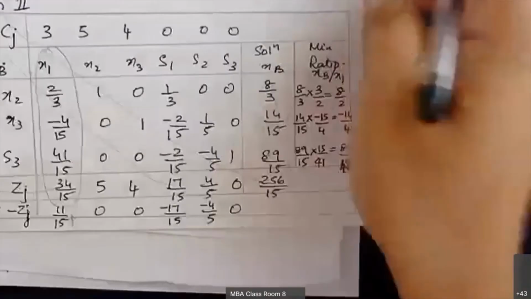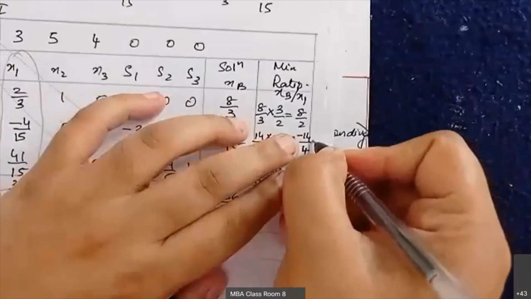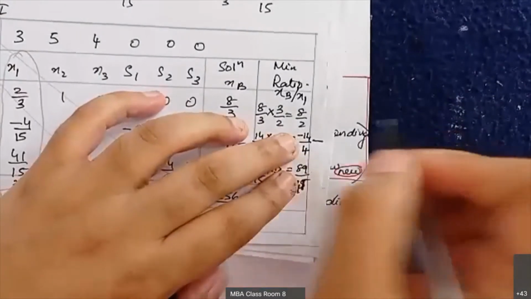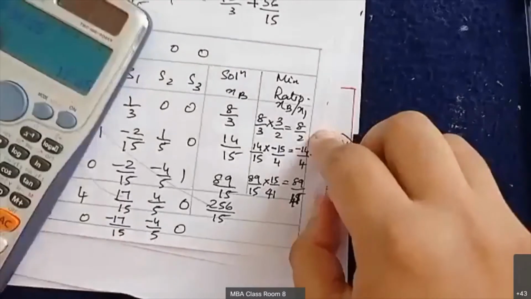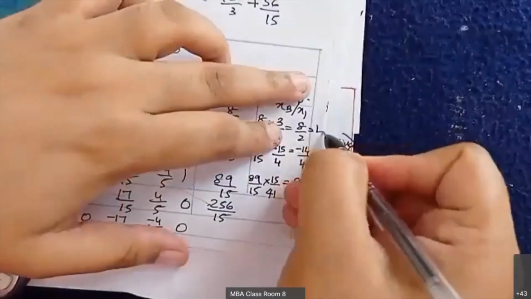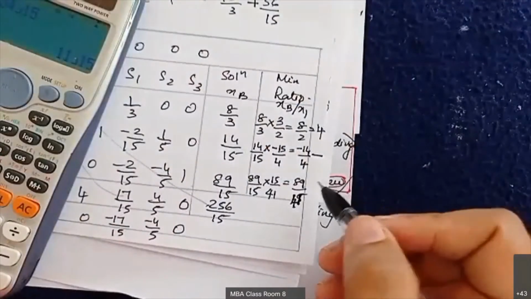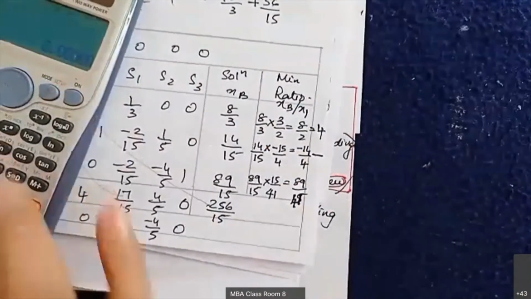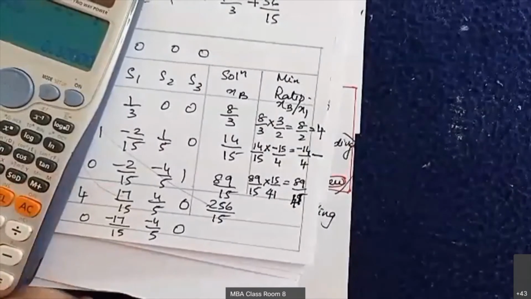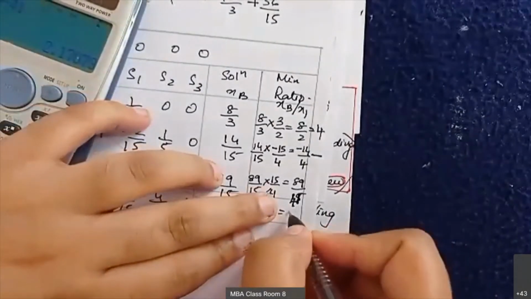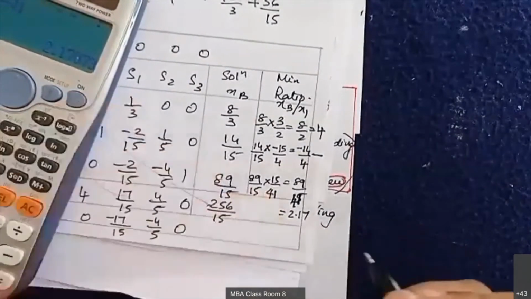So here I am putting a blank. We should not select this negative number. Which is the smallest positive number? Here it will be 4, and here 89 divided by 41 is going to be 2.17.